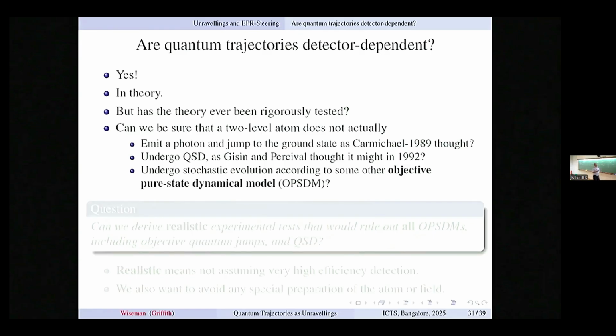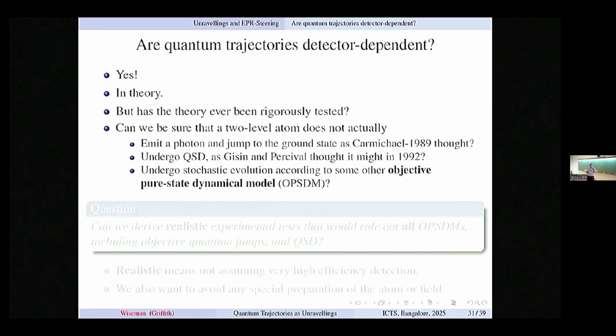Can we be sure that it doesn't actually undergo quantum state diffusion, as Gisin and Percival thought it might in 1992? Or maybe it might be undergoing some other stochastic evolution according to some other objective pure state dynamical model, to introduce a rather ugly phrase, but that's what I'm going to talk about as a general class of models. Can we be sure? Have we actually disproven this idea?